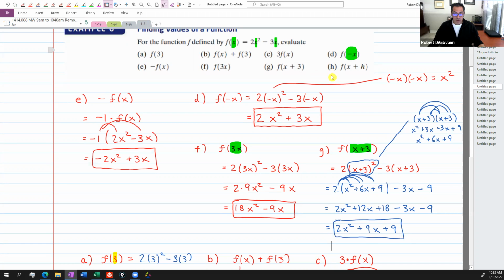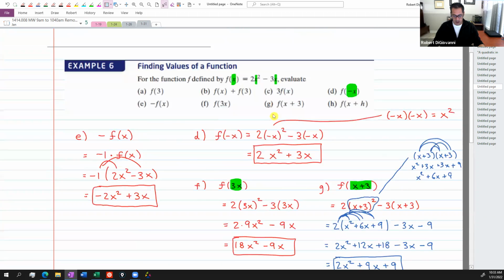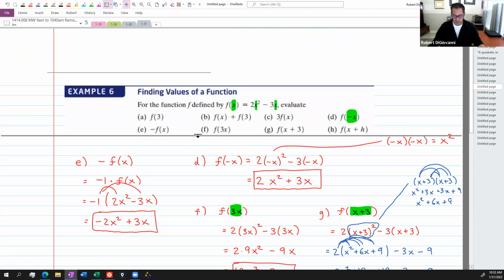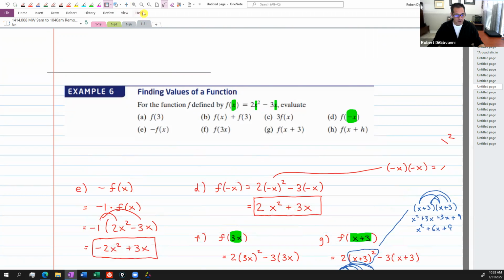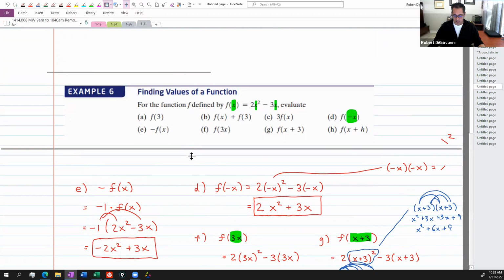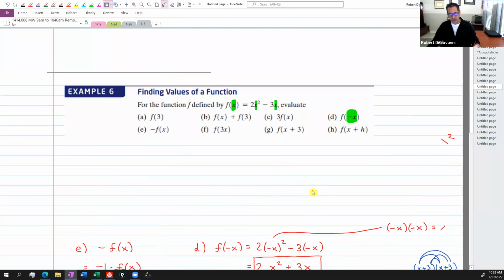I want everyone to try h on their own right now. And if you get it, I'd like for you to type it into the chat. It might be hard to do in the chat, but if your answer is like 2x squared, just put a little caret squared like that to tell me x squared.